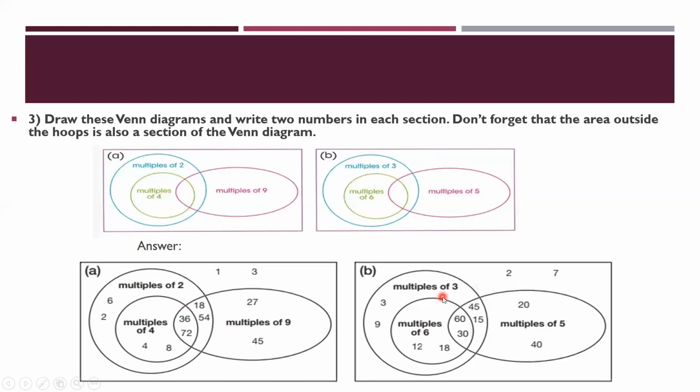So 2 is not a multiple of 3, not a multiple of 6, not a multiple of 5. 7, not a multiple of 3, not a multiple of 6, not a multiple of 5. For example, here you can write the number 11. 11 is not a multiple of 3, not a multiple of 6, not a multiple of 5. Here also you can write any different numbers, which means that number does not come in any of these tables mentioned inside the Venn diagram.